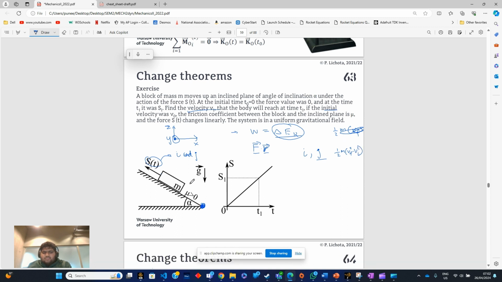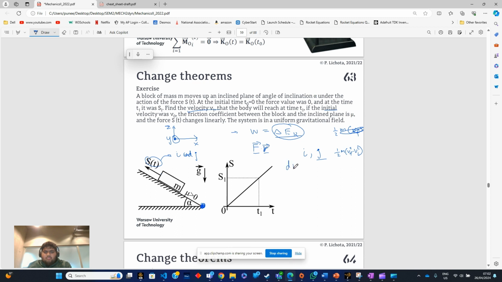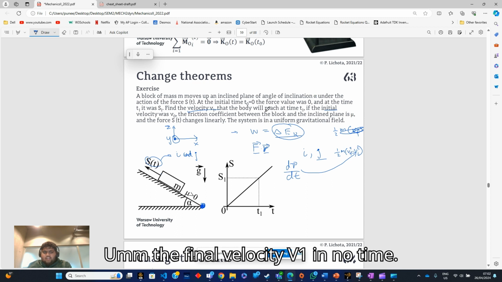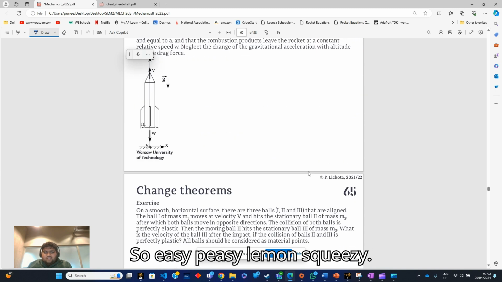Just look at which components that initial velocity applies to by deriving your position vector, and you'll be able to find the final velocity v1 in no time. So easy peasy lemon squeezy.